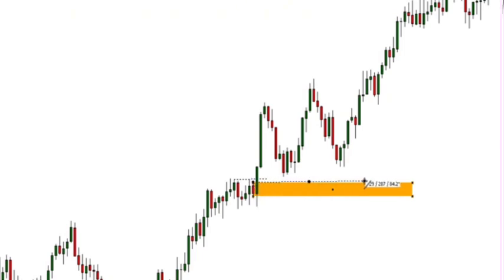The difference between the high of this red candle and the low of this third candle is called your fair value gap. There is an explanatory video on my YouTube channel on that. Check the playlist under smart money concept and look for the video I titled fair value gap. You're going to see it. So this is the fair value gap, the difference between this and this. These two we mapped out.